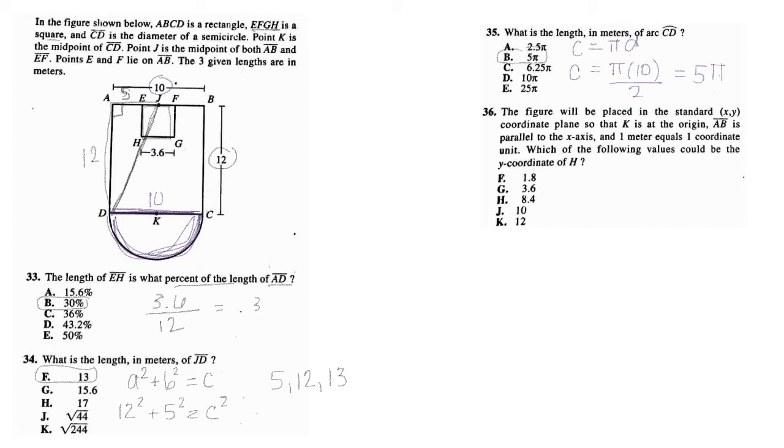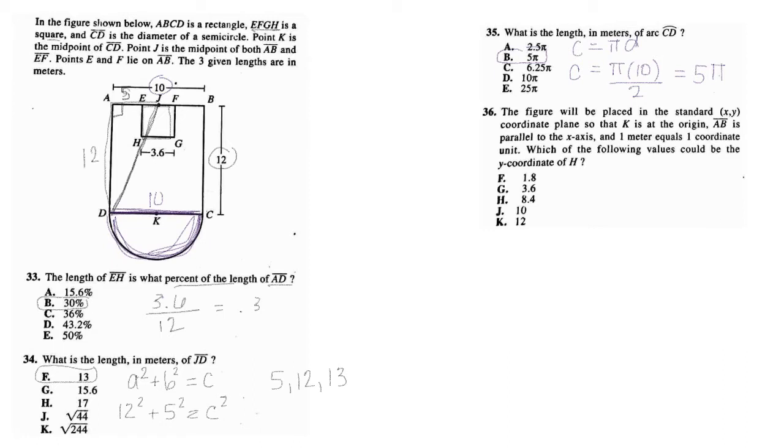Okay, now let's look at number 36. 36, the figure will be placed in standard XY coordinates so that K is the origin and AB is parallel to the x-axis, and 1 meter equals 1 coordinate unit. So which of the following values could be the y coordinate of H?